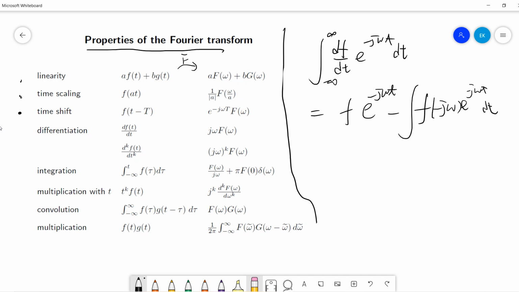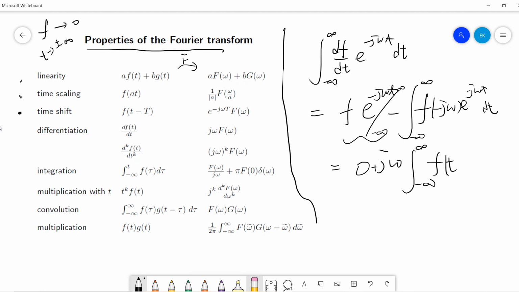So we have this, evaluated from negative infinity to infinity. This is 0, since the first term vanishes because the Fourier transform exists, so f is 0 when t goes to infinity. So this is j omega times the integral of f of t times exponential minus j omega t dt. So this is just j omega F of omega. So we have proved this one.